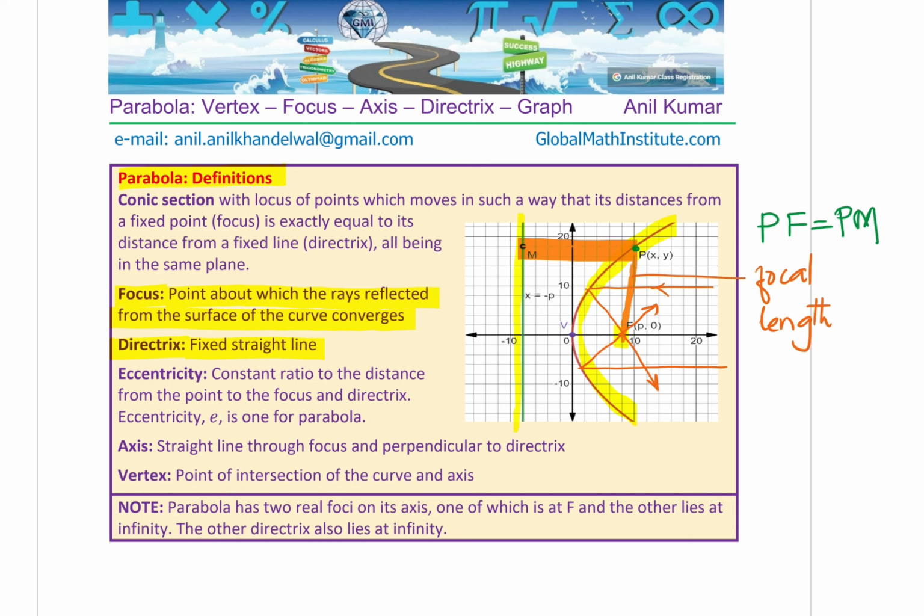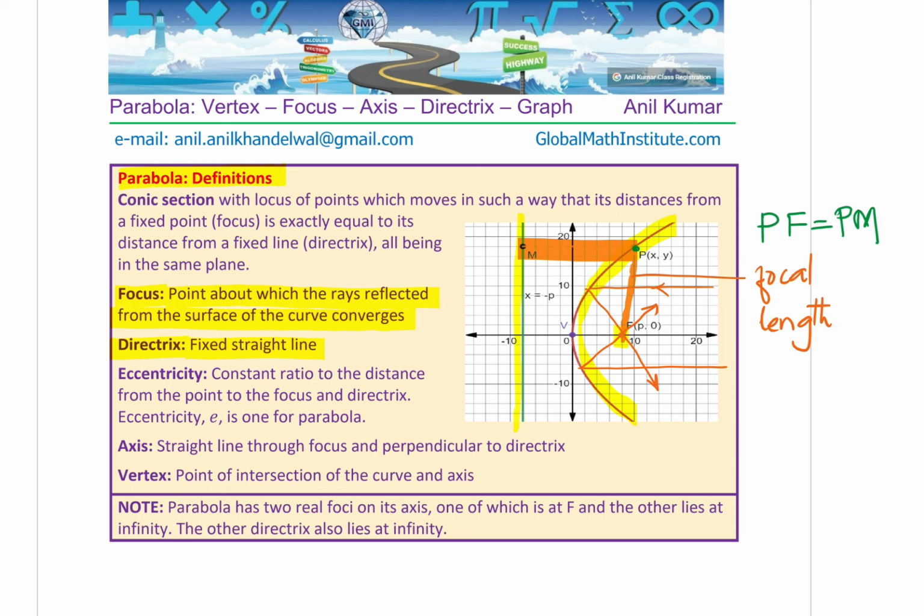Perfect. Now in conic sections, it is a characteristic that the locus of points which we talk about have a constant ratio of distance from a fixed point, which is the focus, to the fixed line, which is the directrix.